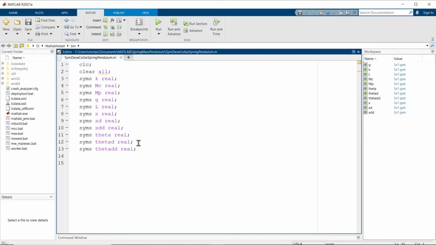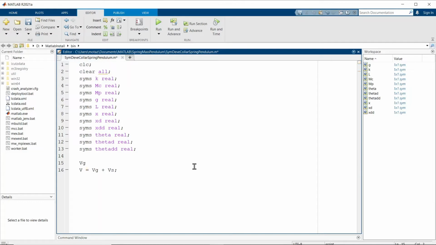Theta dot will be the angular velocity, and theta double dot will be the angular acceleration. To start with Lagrangian, we know that we need to find the kinetic and potential energies. So let's start with potential since it's easier. We know it'll be the potential energy due to gravity and potential energy in the spring.